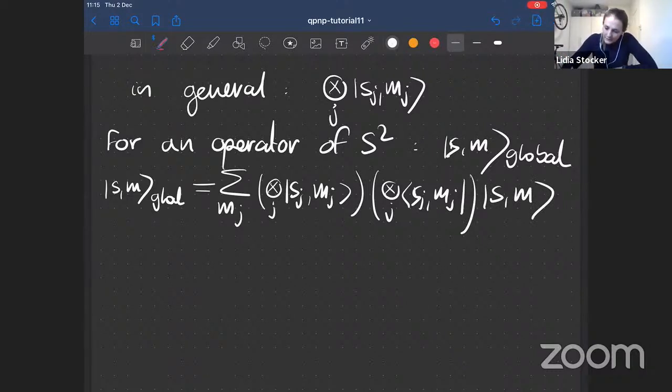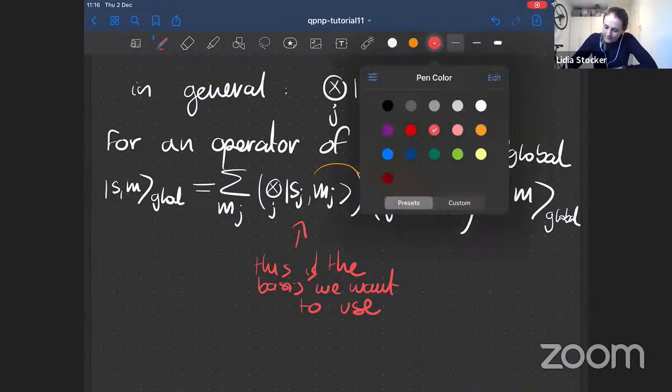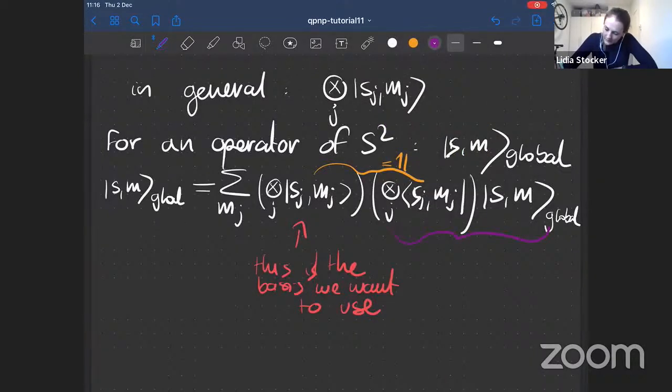Why this? Because this is the basis that we want to use. This is an identity, so we didn't change anything. This is again global. So this is my coefficient. These basis coefficients are called the Clebsch-Gordan coefficients.